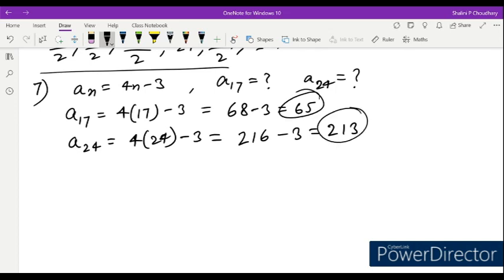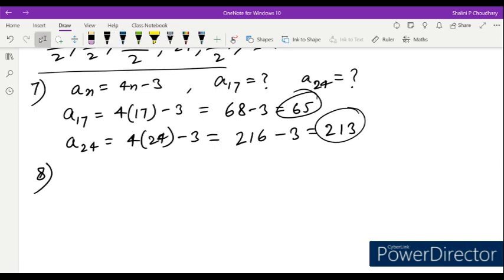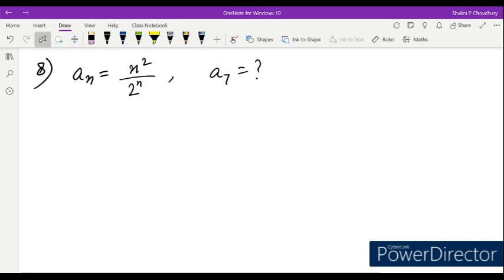Okay, now in question number 8 also some indicated values you have to find out, and the nth term is given. An is equal to n squared divided by 2 to the power n. We have to find out the value of a7.